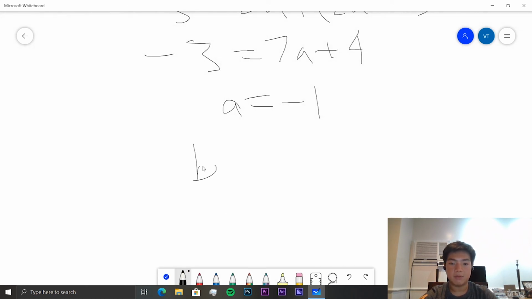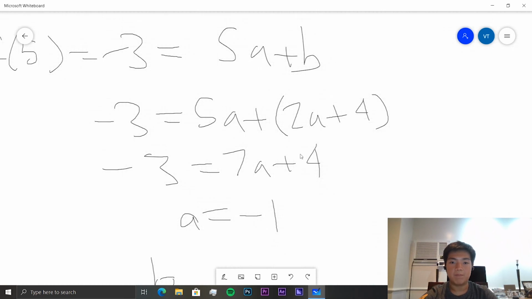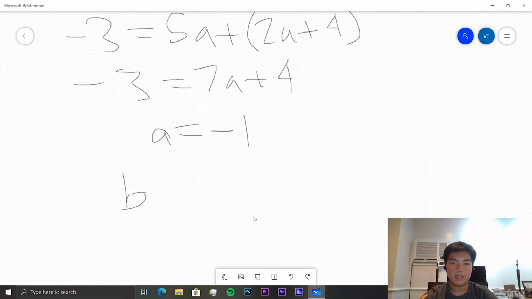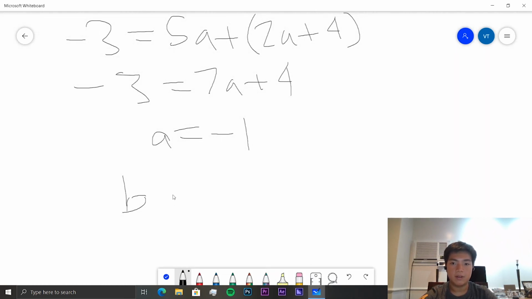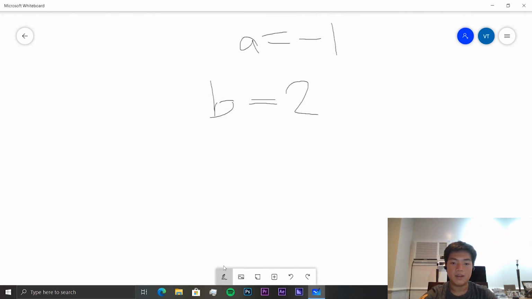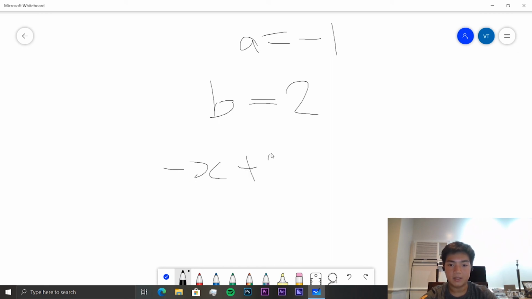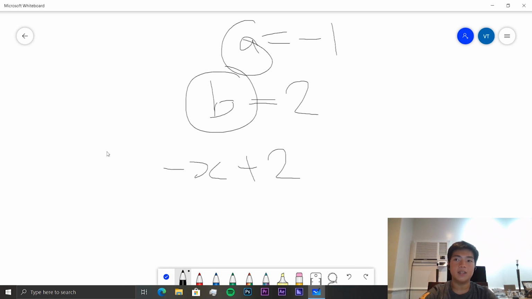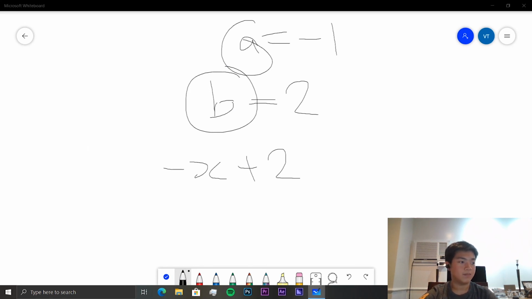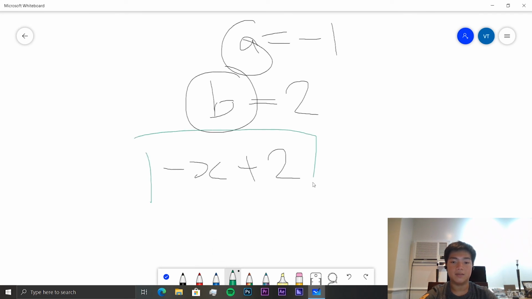Well, b is equal to 2a plus 4, so that's negative 1 times 2 plus 4, which is equal to 2. So our remainder from the final division should be negative x plus 2, since this is the coefficient of x, and this is the constant. Is that correct? Yeah, that's correct. So that is the answer.